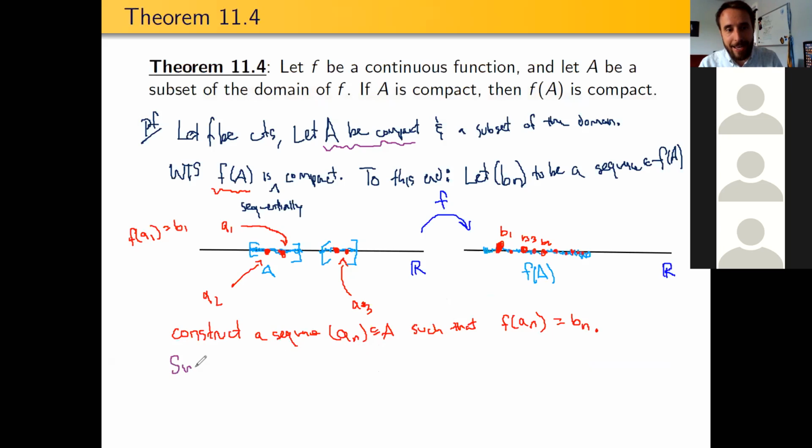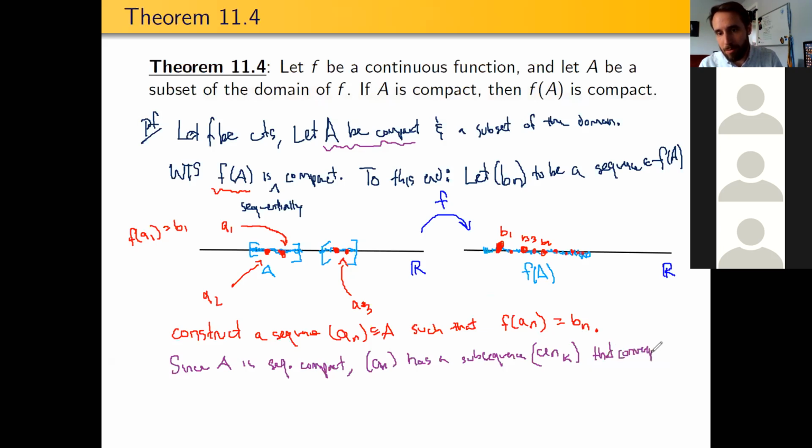So we can say, since A is sequentially compact, A sub n has a subsequence, A sub n sub k, that converges to a point, call it a, and a is an element of the set A itself.